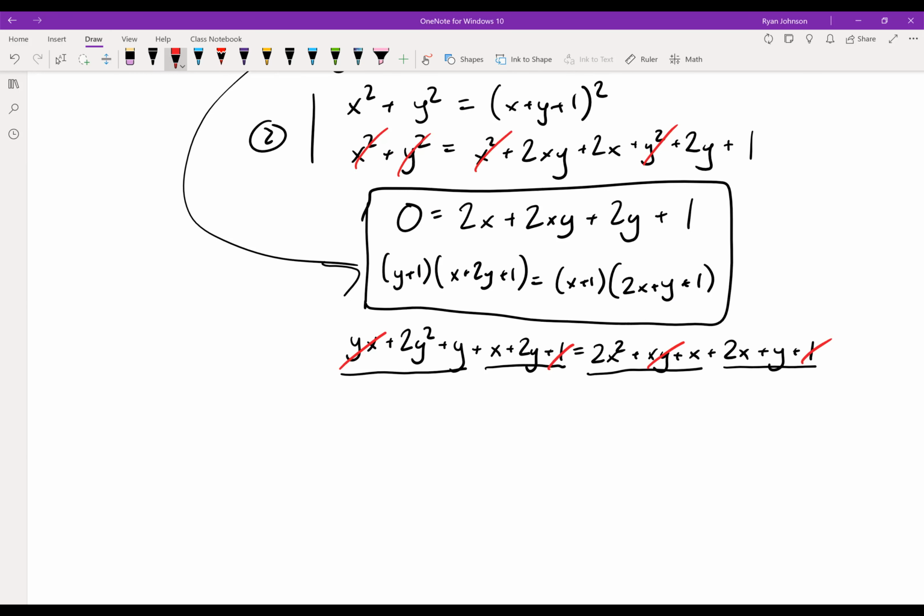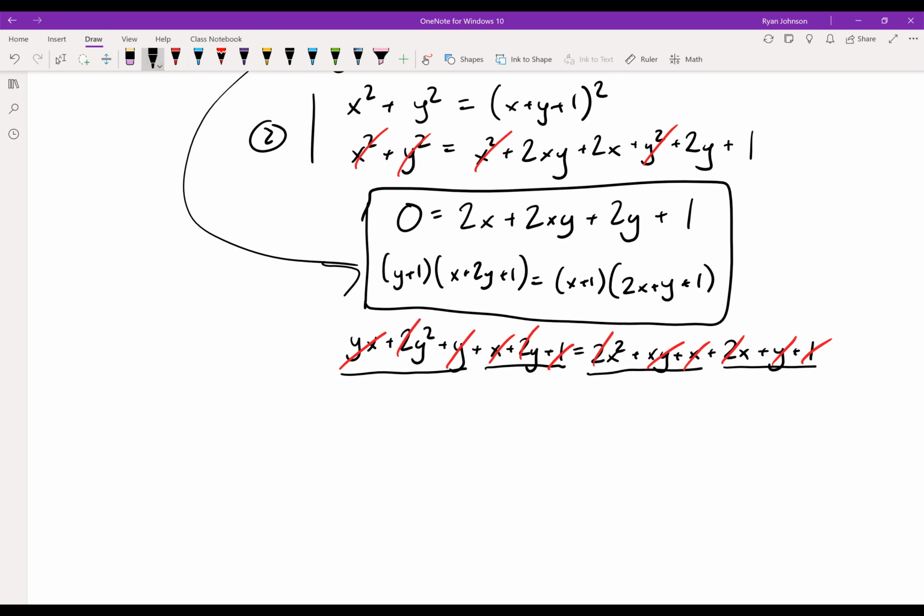And then move everything over to the left side, perhaps. There's other things I see I can cancel. So there's a y here and a y there, and an x here and an x there, which means I have just, and then I can divide by 2, so my only terms that are left have 2's in them, so divide by 2.